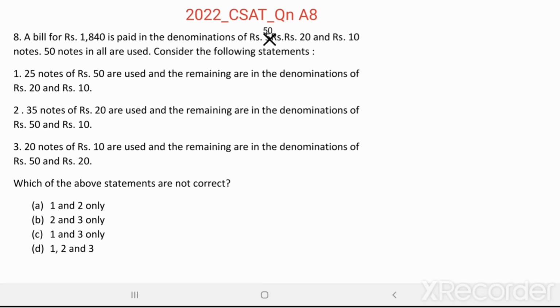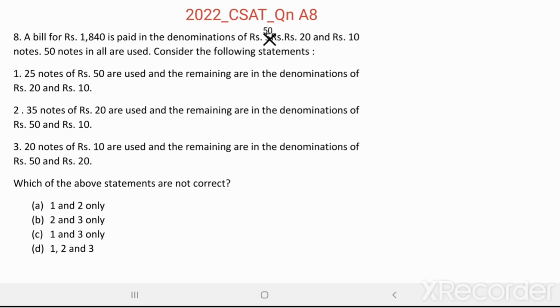Statement 2. 35 notes of rupees 20 are used and the remaining are in the denominations of rupees 50 and rupees 10. Statement 3. 20 notes of rupees 10 are used and the remaining are in the denominations of rupees 50 and rupees 20. Which of the above statements are not correct?